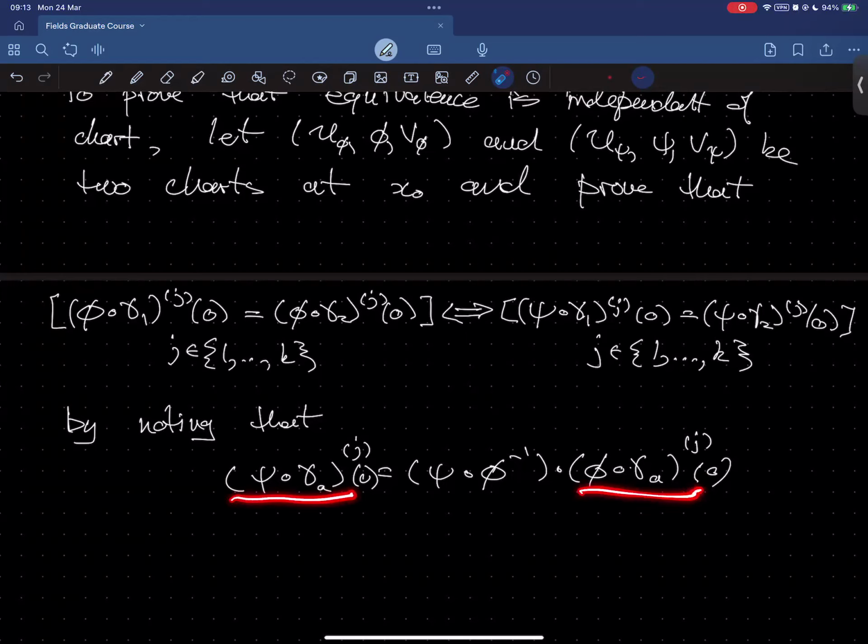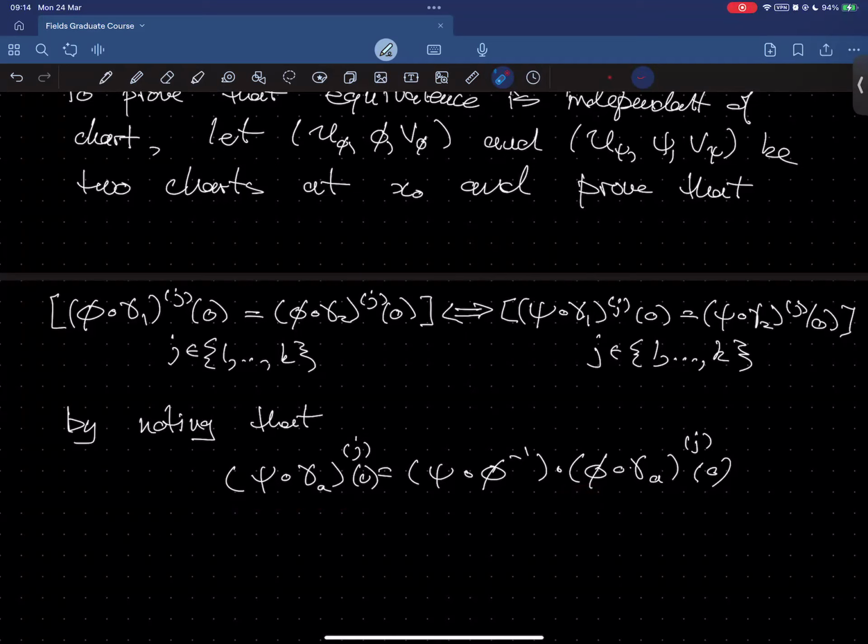Now, for higher order derivatives, this is where things get complicated. Because if you're going to prove that equality here implies equality here, you need to get a bijective correspondence between the jth derivative here, and it's not really the jth derivative, it's the first k derivatives.